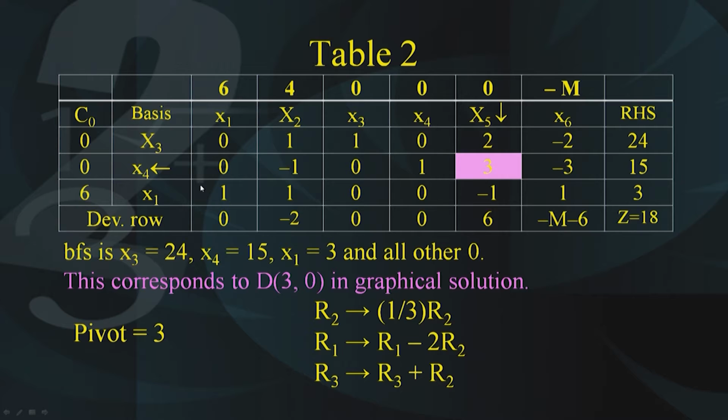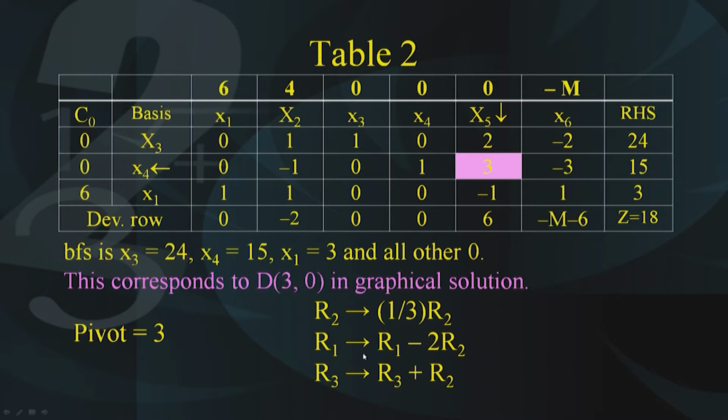First of all, the second row should be divided by 3 because the pivot is 3 and we want the pivot to be 1. So, the entry corresponding to the pivot should be 1, and in fact we need to multiply the entire row by the scalar 1 upon 3. That is why this elementary row operation tells us R2 has to be replaced by 1 upon 3 R2.